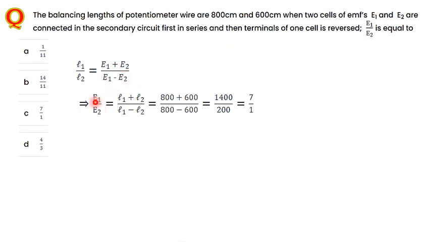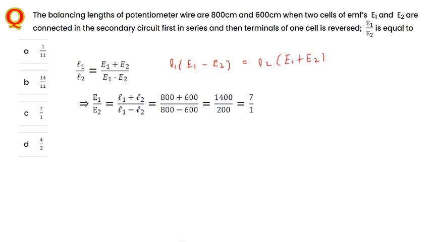In this one, E1/E2 is what you get when you simplify the equation. I will show you here how to simplify it. See this one, you just cross multiply. L1 into (E1 - E2) will be equal to L2 into (E1 + E2).